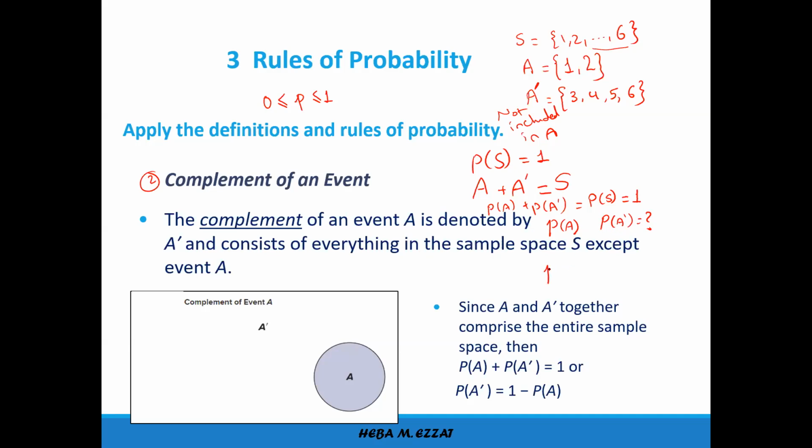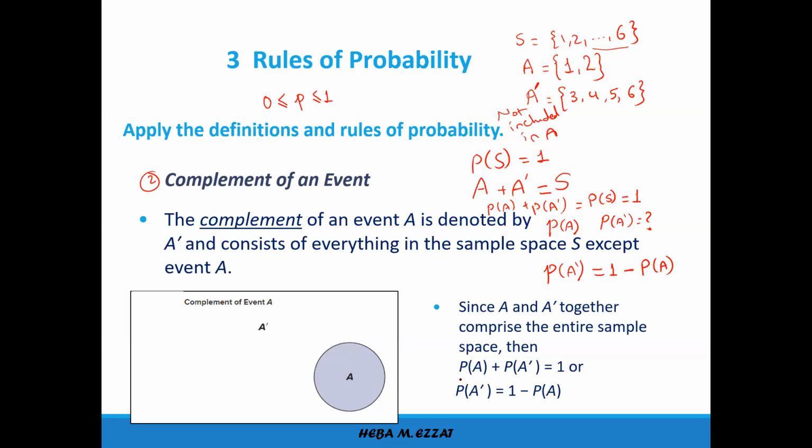By saying the probability of A prime equals 1 minus the probability of A. Excellent guess. Each one would equal 1 minus the probability of the other. This is important for me, you have to understand. I don't need you to memorize. If you understand, you don't have to memorize.